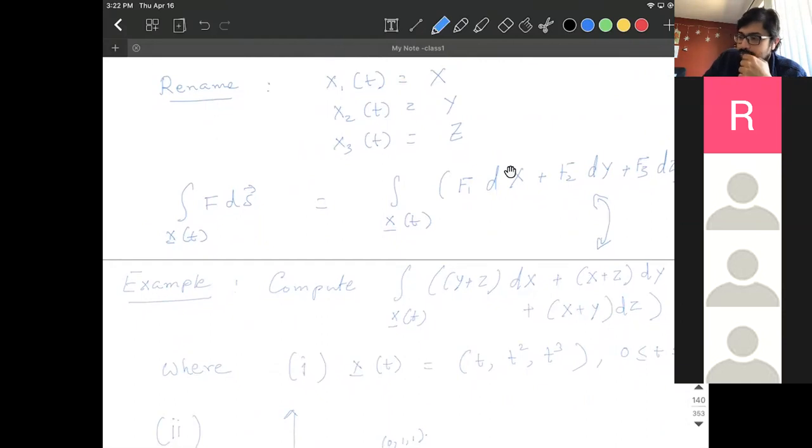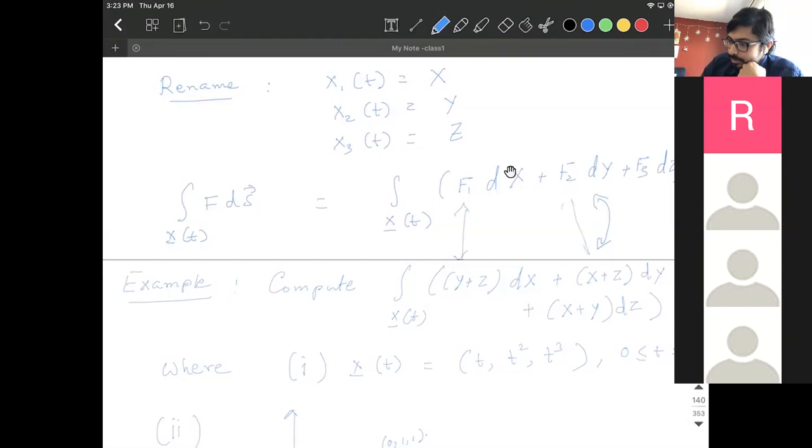So y plus z is the first component of the vector field.